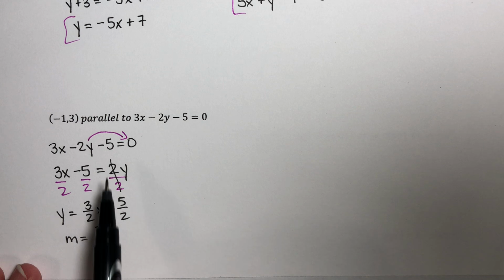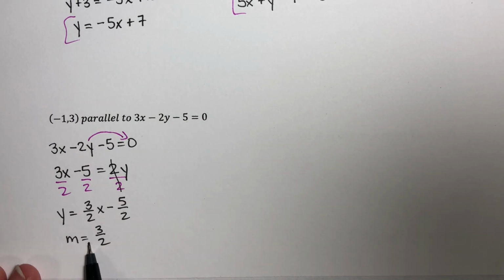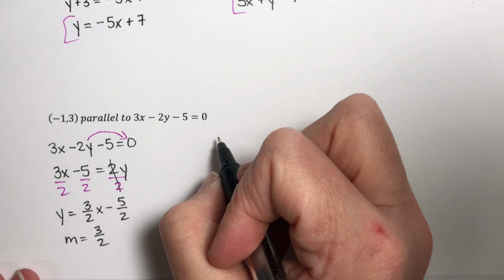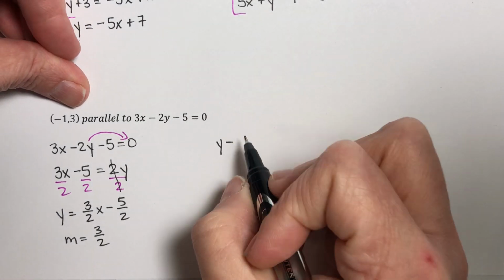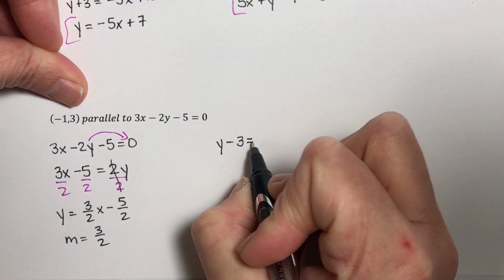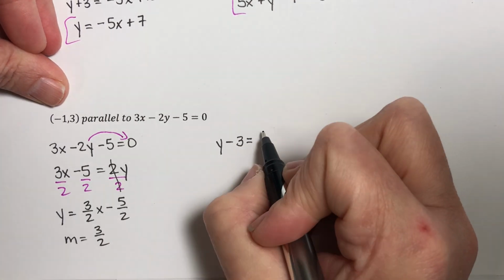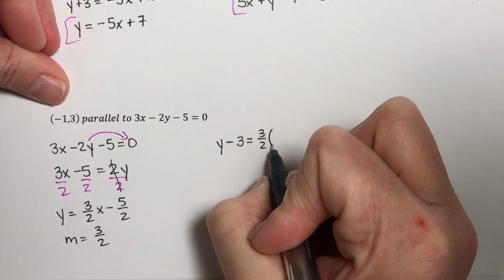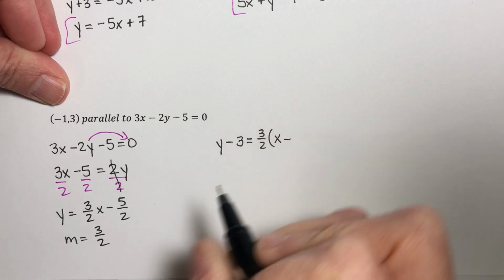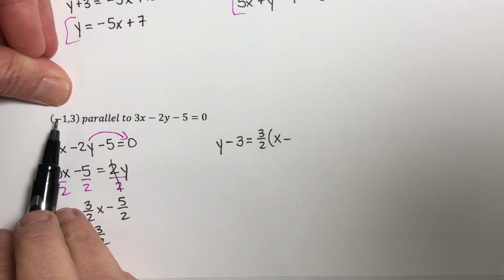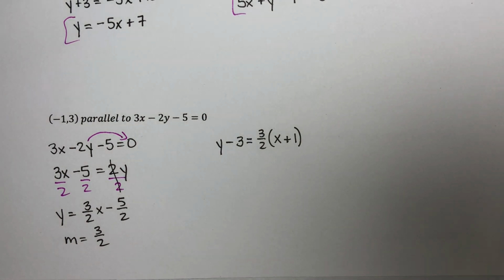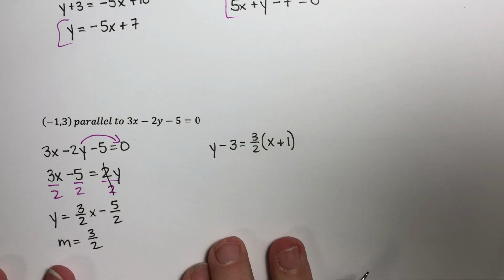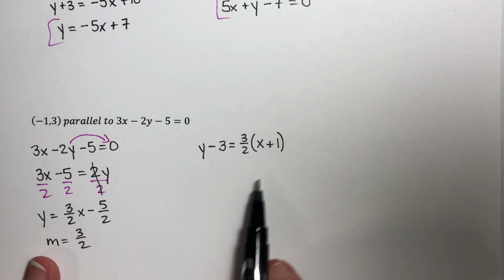Since I'm trying to create a parallel line, I'm going to use the same slope. So this is y minus y1, which is 3, is equal to our slope, which is 3 halves, times x minus our x1, which is negative 1, so this is x plus 1. Okay, now we need to simplify this.